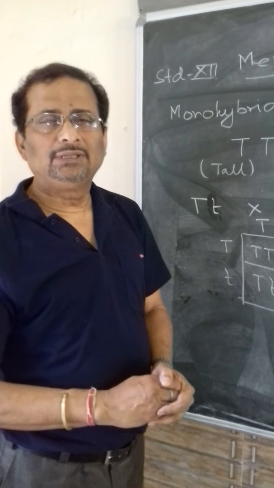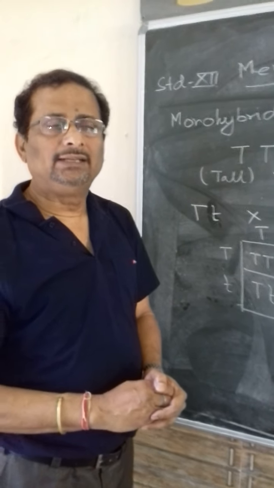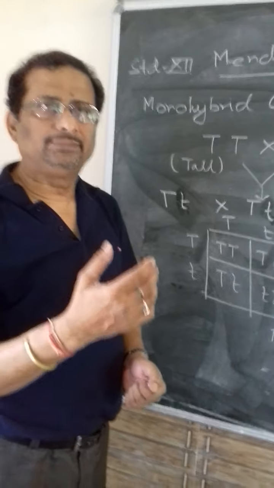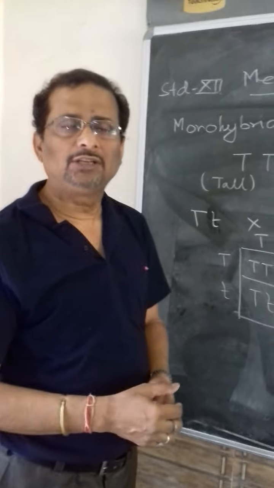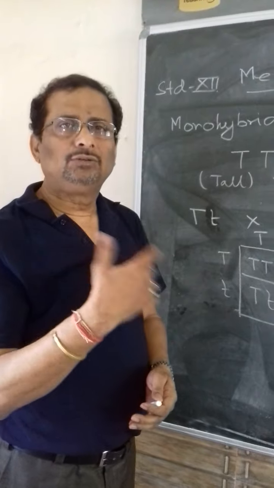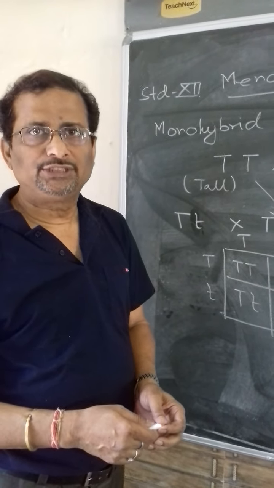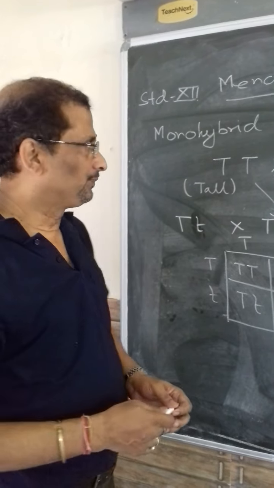There are exceptions to Mendel's law, and both the law of dominance, law of segregation and law of independent assortment, these are known as the intergenic and intragenic gene expressions, which we study later on.